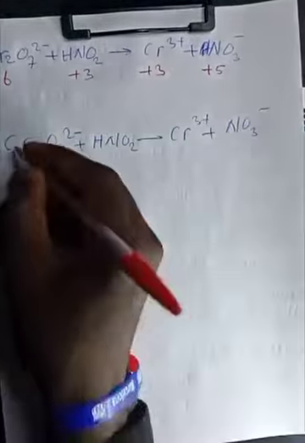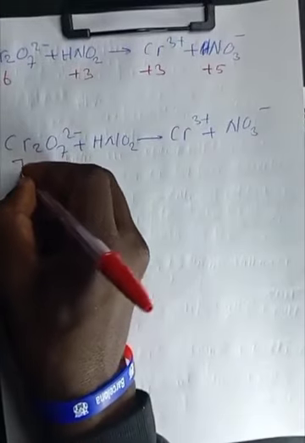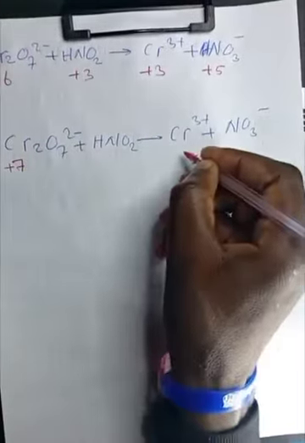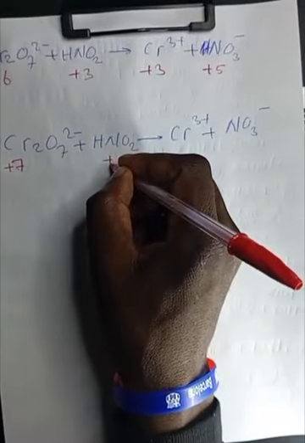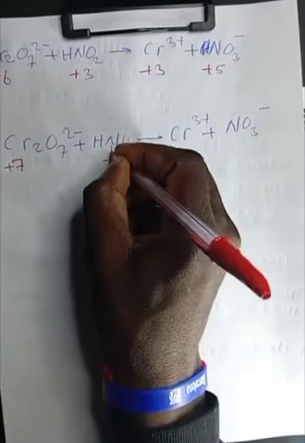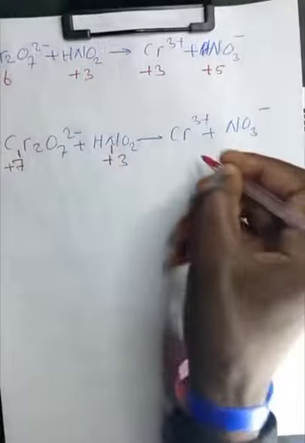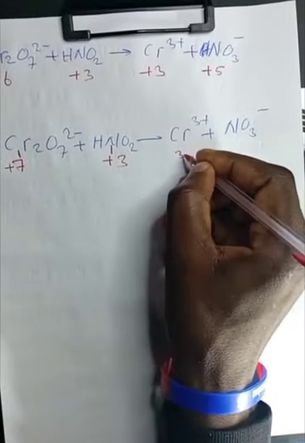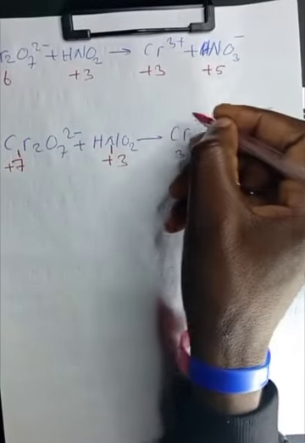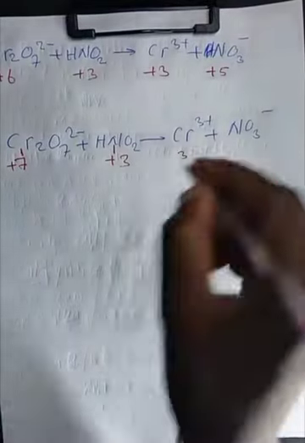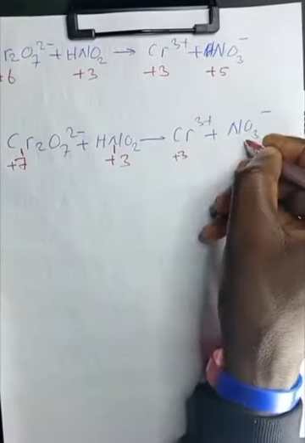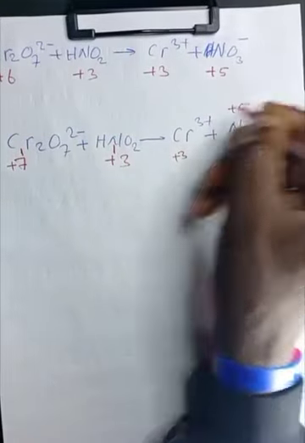So chromium here is positive 6, nitrogen positive 3, then chromium positive 3 as well, so we can put it on top there, then nitrogen is positive 5.